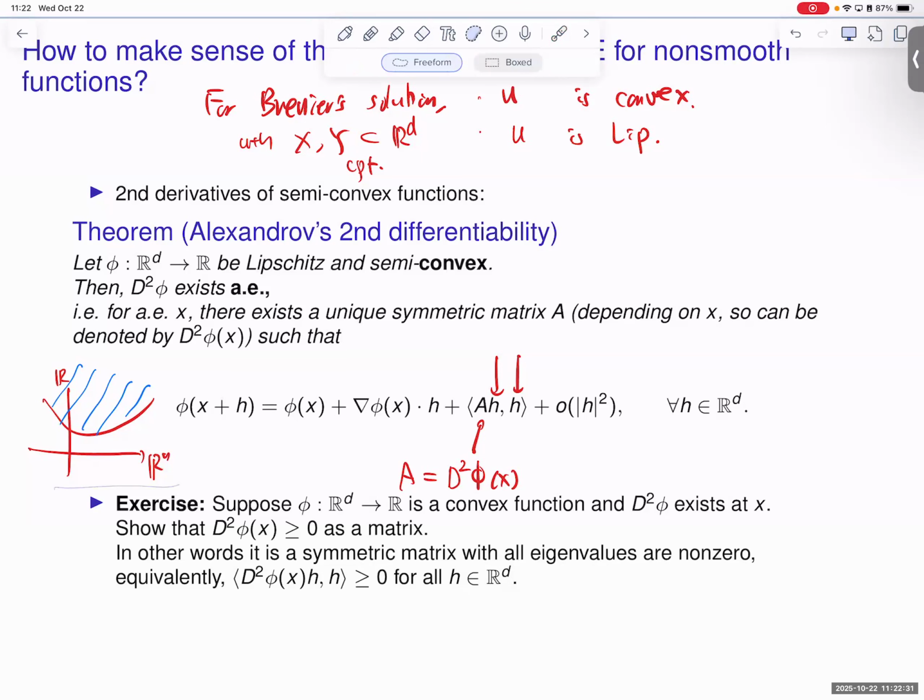Sorry, I thought that if it's convex, it's already Lipschitz almost everywhere. Or is it locally Lipschitz? Not necessarily. Convex functions can be like this: phi is positive infinity and 0 on x in C, C convex. See, if you have a convex set, then you give 0 on the convex set and then elsewhere infinity, then that function is convex, as in this definition, this epigraph is a convex set, right?